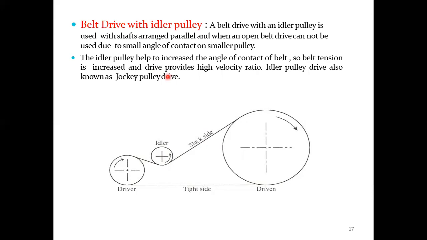Idler pulley drives are also known as jockey pulley drives. The idler pulley movement will affect the whole system, that is, the transfer of power. If it is moving in the reverse direction, it will produce the slack side. If it is moved in the forward direction, it will produce the tighter side. Like that, belt drives with idler pulleys are used in different applications.